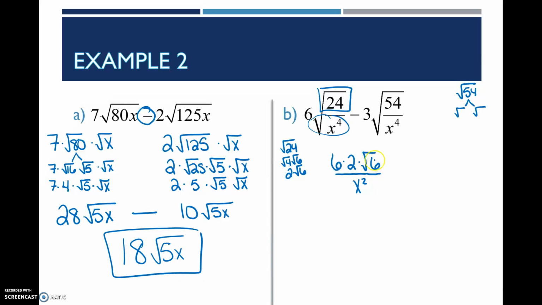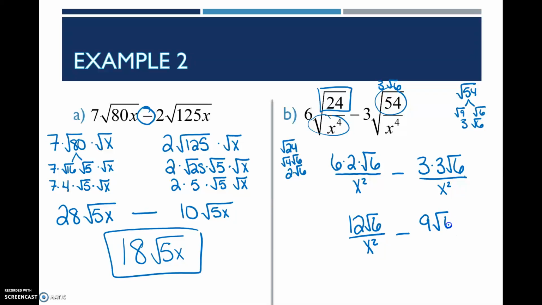I really want there to be a square root of 6. 6 times 9, and the square root of 9 is 3. So this thing is 3 times the square root of 6. So we have 3 times 3 square root of 6 over the square root of x to the 4th, which is x squared. Now you can just multiply those things together. 6 times 2 is 12.